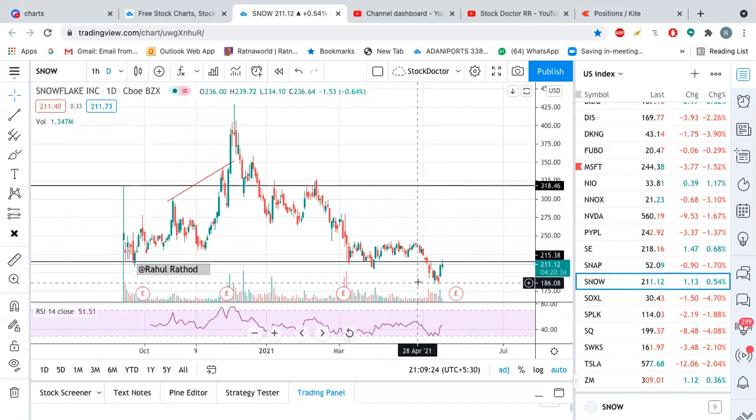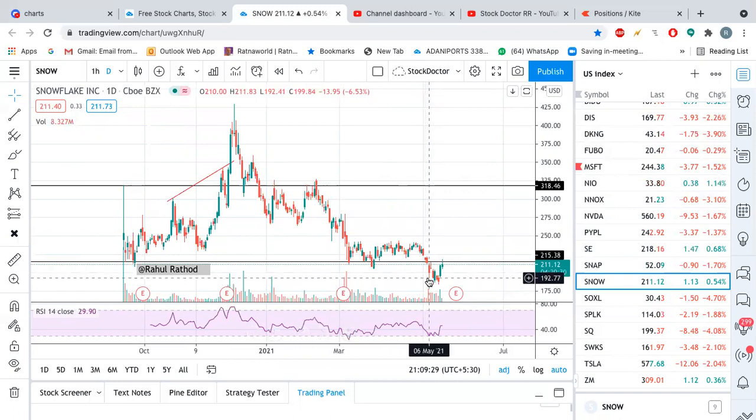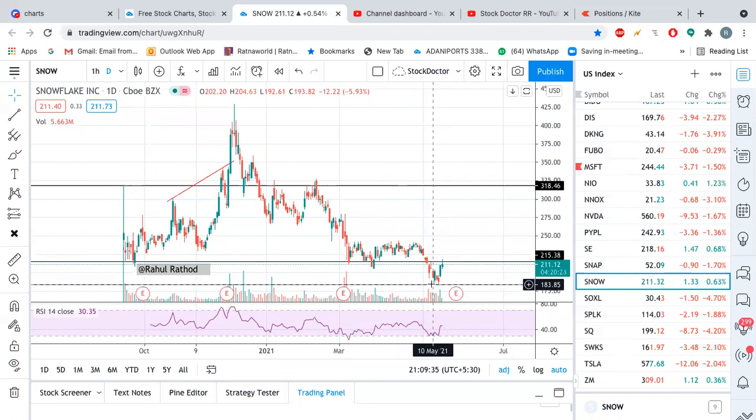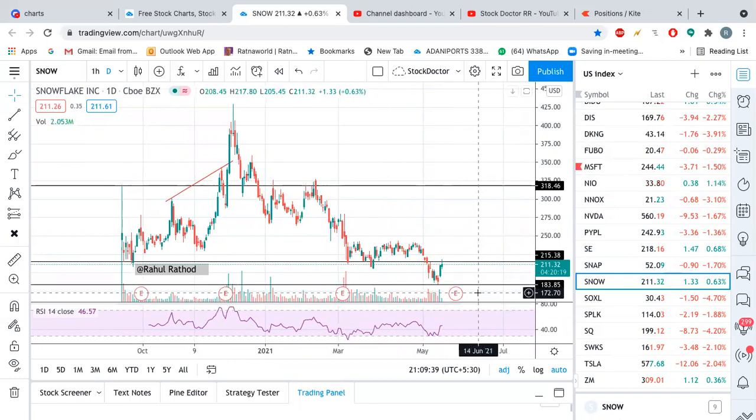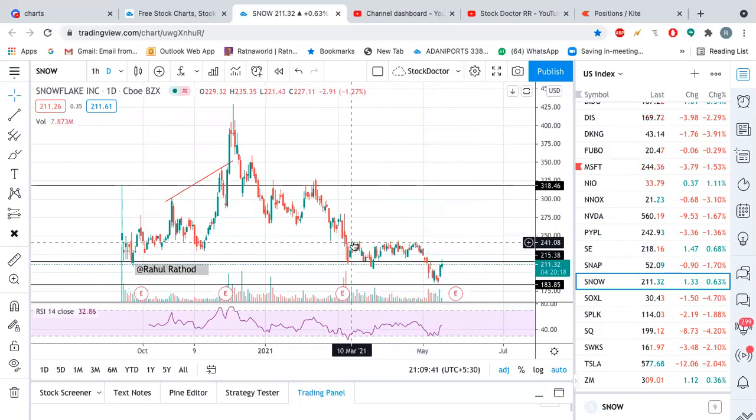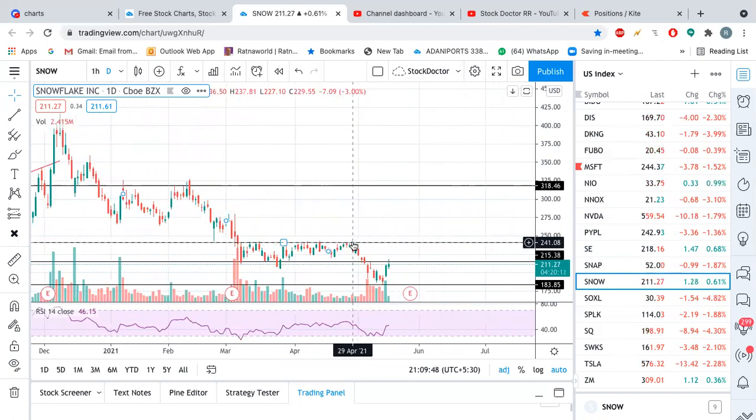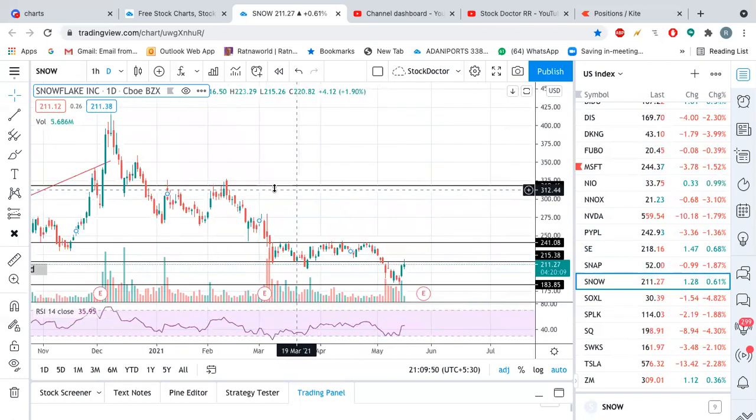And currently it is trading at 186. Sorry, it created the low of 183, and I think some brokerage houses have given a buy rating on the Snow for the target of 275. But as I always say, we need to do our own analysis before taking any position.